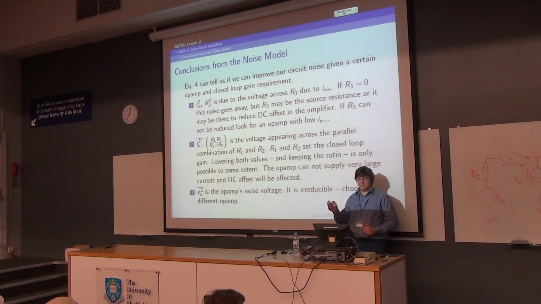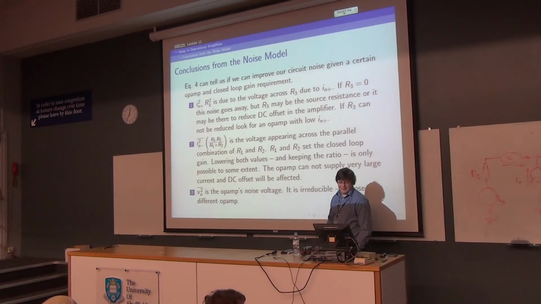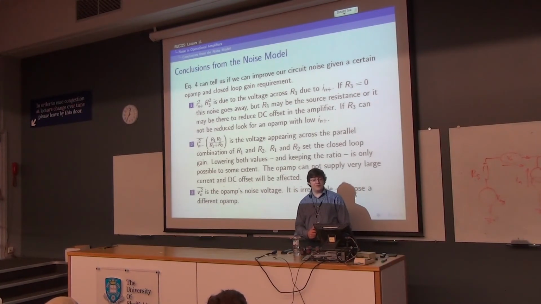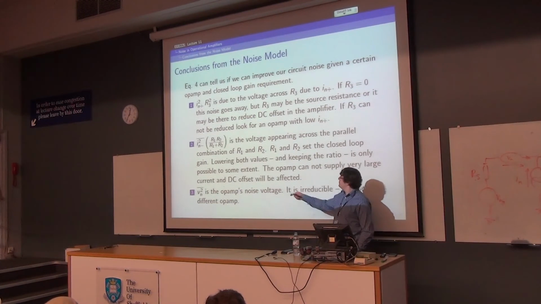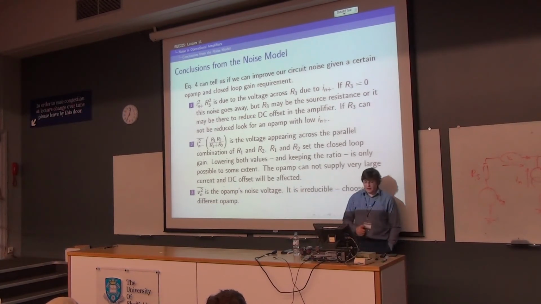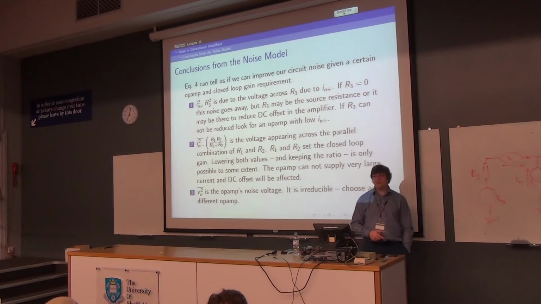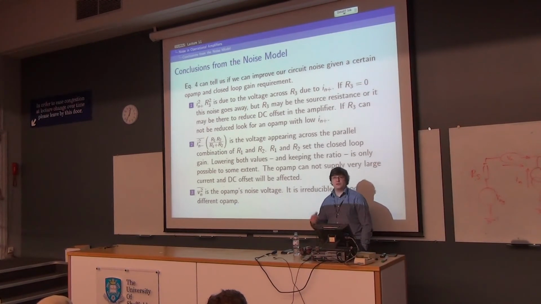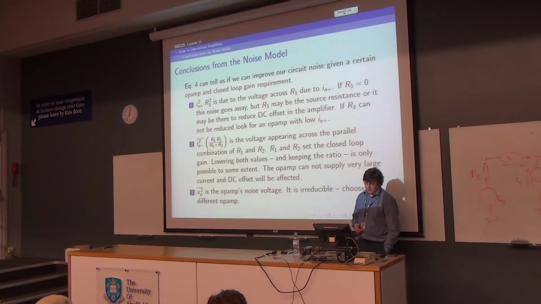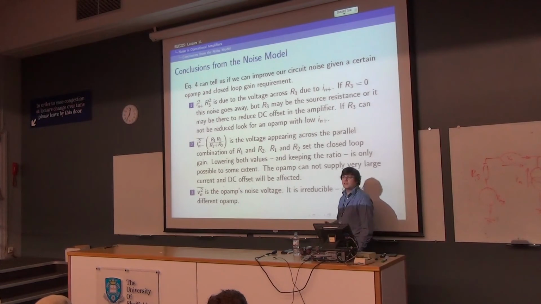So I do sometimes slip between them. The noise current generator at the inverting input, which is what the minus sign means, flows, so it's current divided between R1 and R2, which is just to say they're in parallel. And you can set R1 and R2 because they give you your gain.